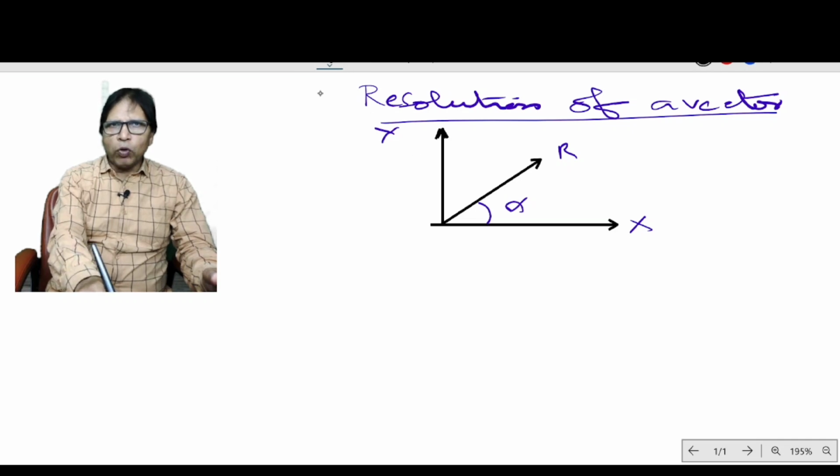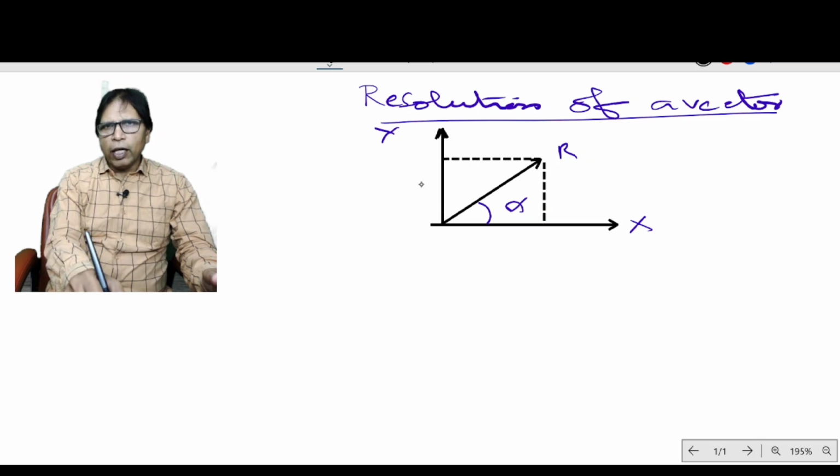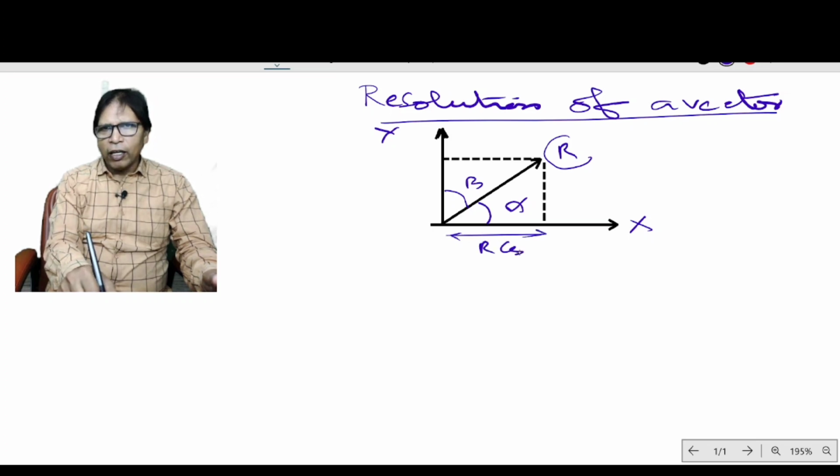If a perpendicular is drawn from r on the x-axis, look at this, this is the perpendicular and this is also a perpendicular. Suppose this angle is beta. Okay. So look at this, from this triangle, this is r cos alpha, and this is r cos beta.